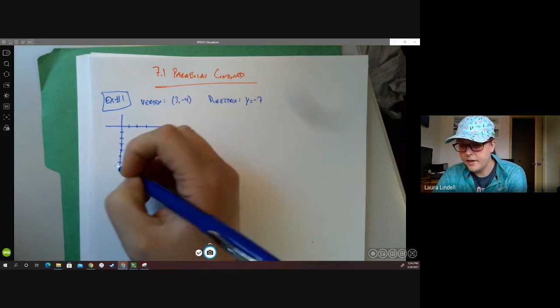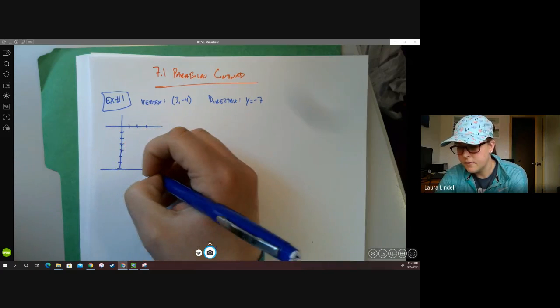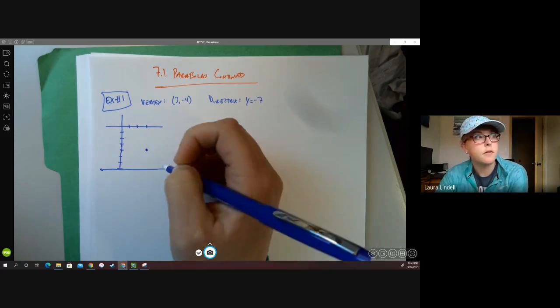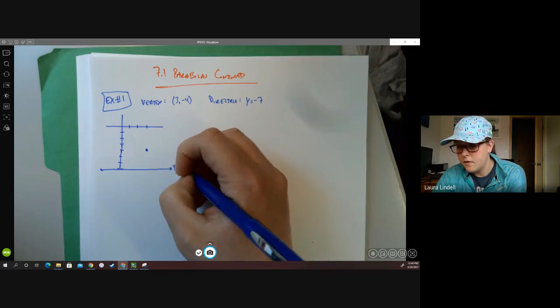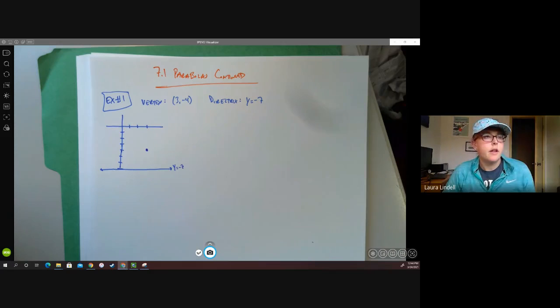So there's the vertex. There's the directrix. Based off of that, is this parabola going to open up, down, left, or right? What do we think?